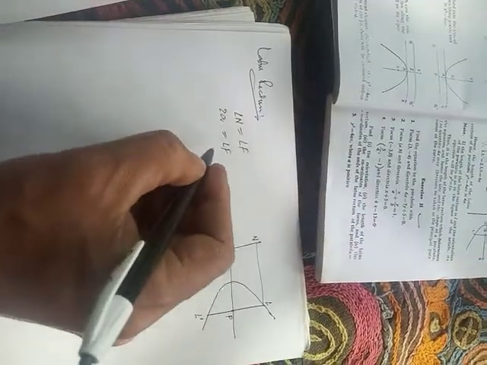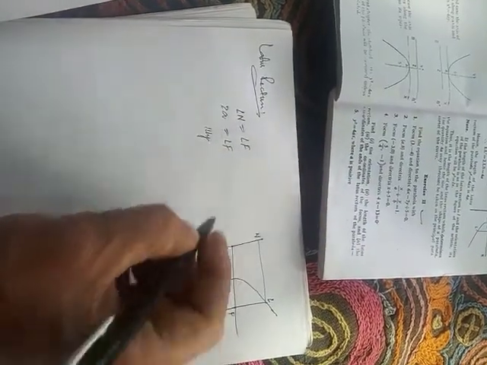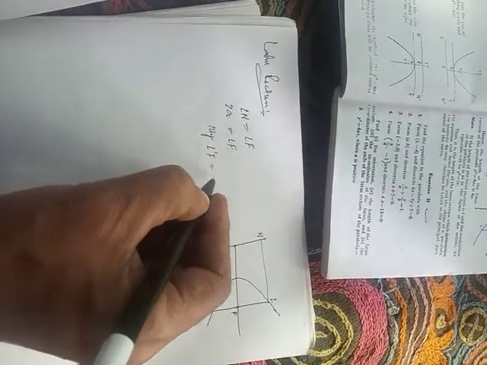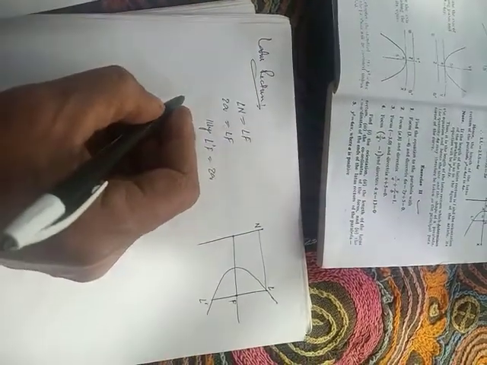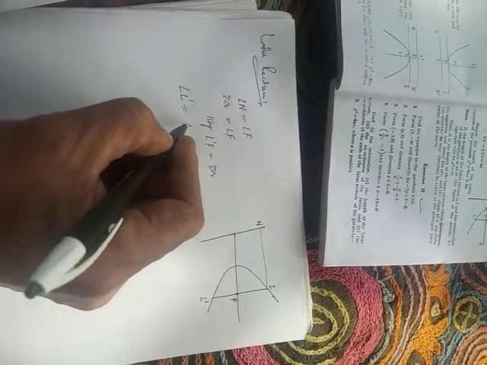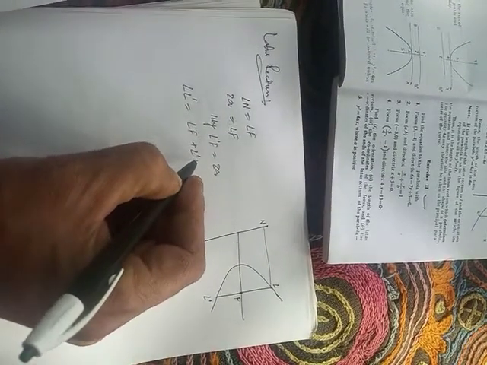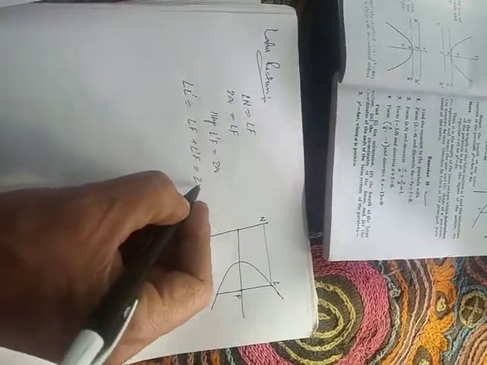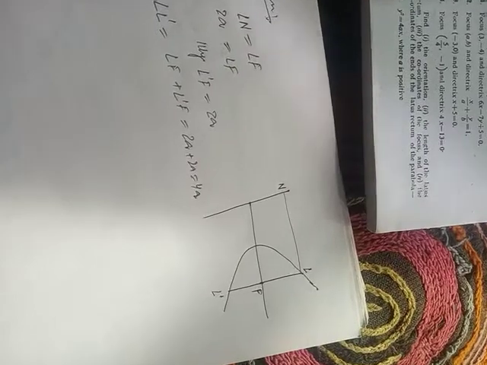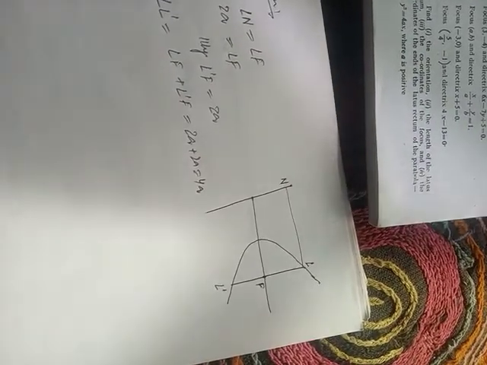And similarly L dash F is equal to 2a. So the length of this latus rectum LL dash is equal to LF plus L dash F, which is 2a plus 2a, that is 4a. This will be the length of the latus rectum, that is 4a.